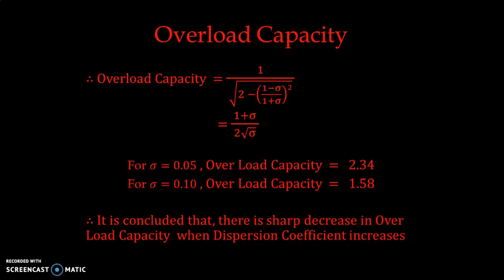So this way we have seen that dispersion coefficient is very significant. Dispersion coefficient affects our overload capacity as well as power factor. When dispersion coefficient increases, power factor decreases as well as overload capacity, and dispersion coefficient is directly proportional to two quantities. One quantity is magnetizing current and another is our total leakage reactance.